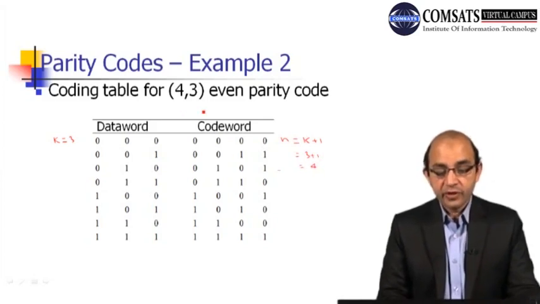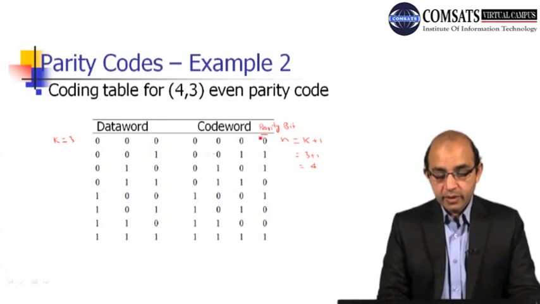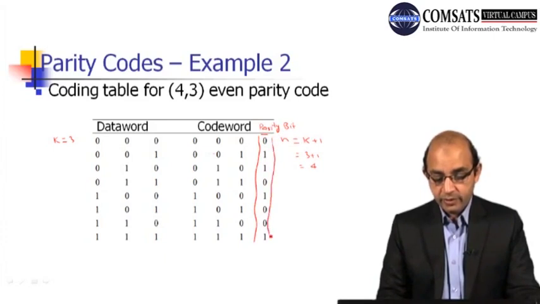That's why we have the coding table for the (4,3) even parity code. So 0, 0, 0, and remember that this slot is the parity bit slot.